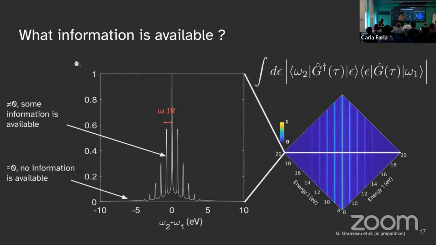But if it's half a photon, there is not much information, and we can't really retrieve information. Same if we go far, where we have a very large difference between omega 2 and omega 1.